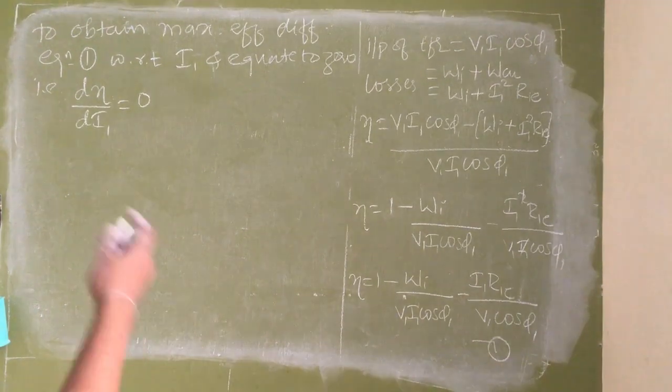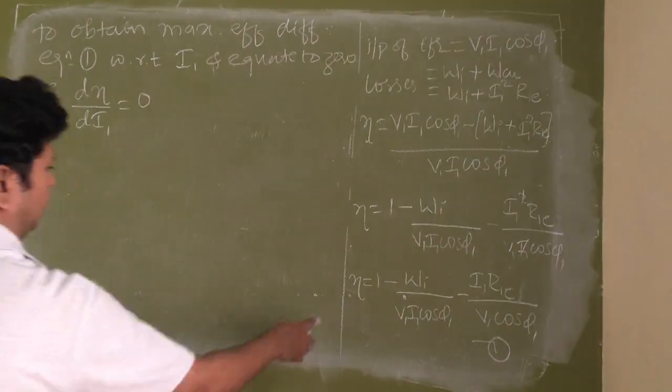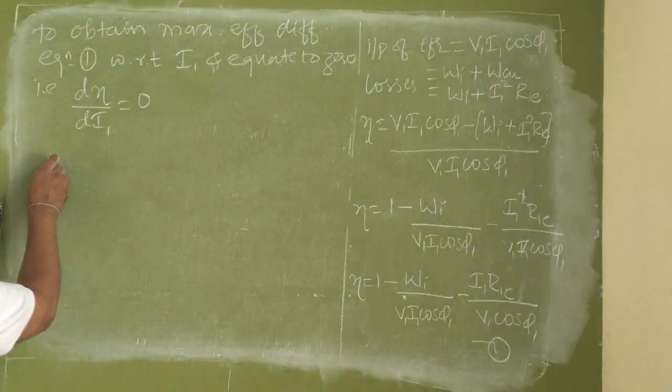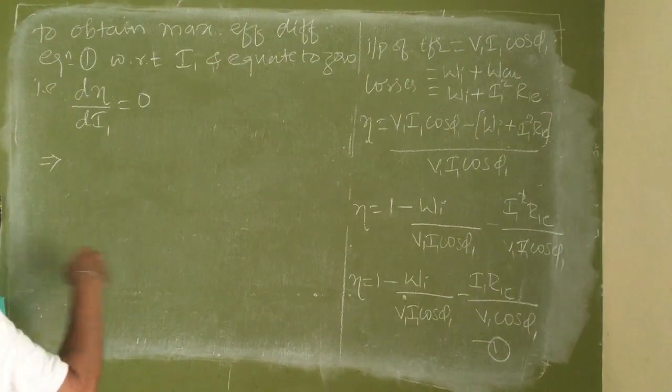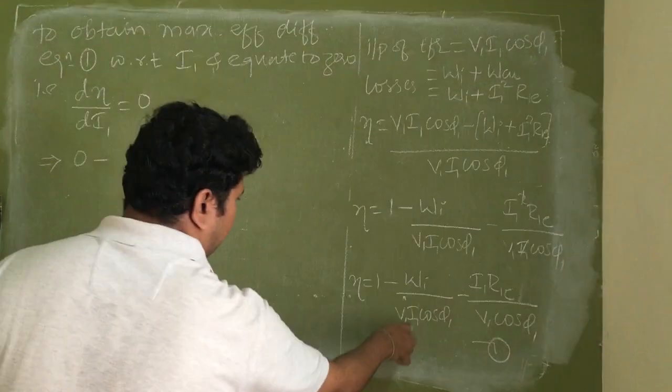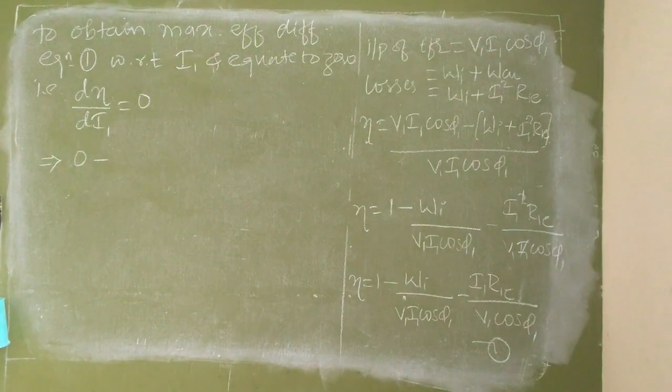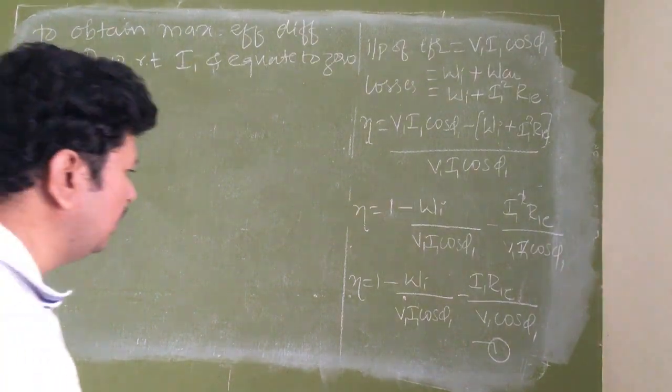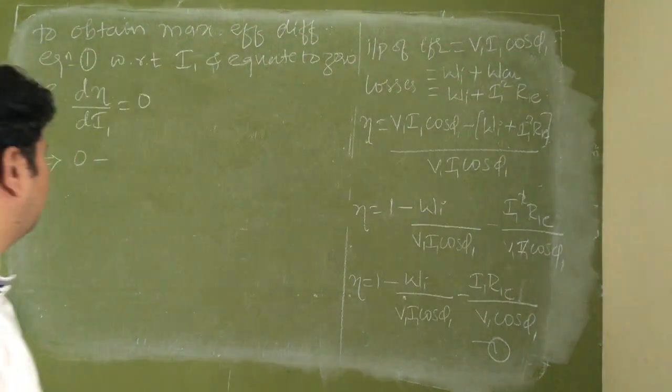Now differentiate. d by dI1 of 1 is 0, so this implies 0 minus Wi divided by V1 cos phi 1 times the differentiation of 1 by I1.